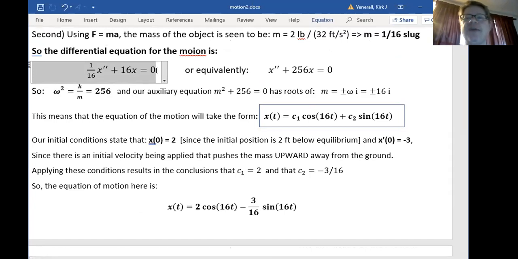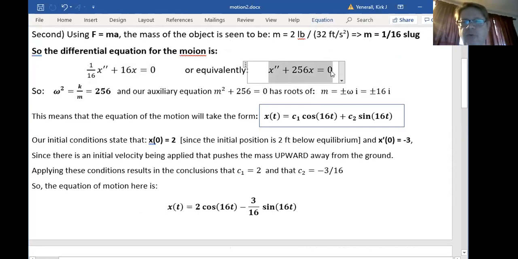And you can always start off that way if you want, m times second derivative plus k times x equals 0. When you normalize that by dividing by m, you're going to turn that into the alternative form for the differential equation, which is x double prime plus omega squared times x equal to 0. And there's that omega squared of 256 that we were talking about a minute ago.